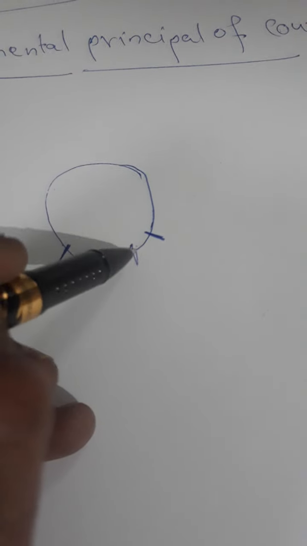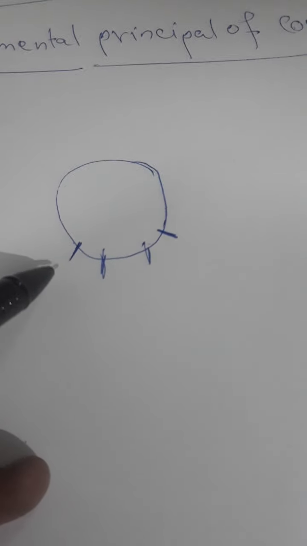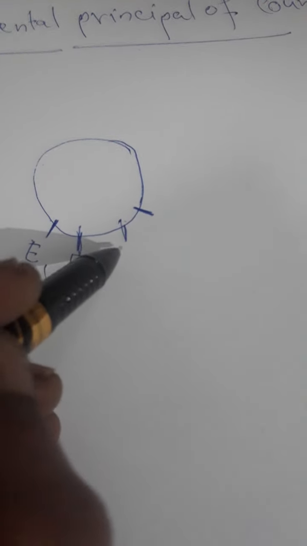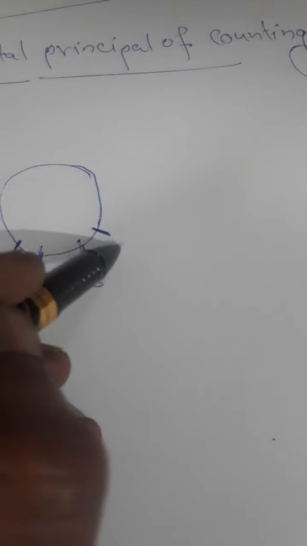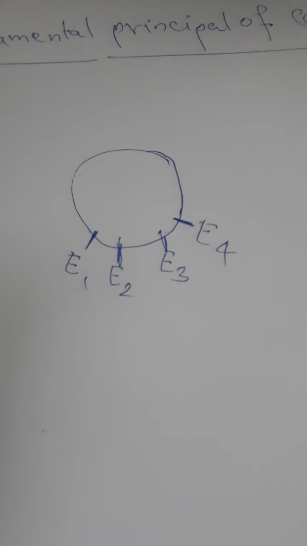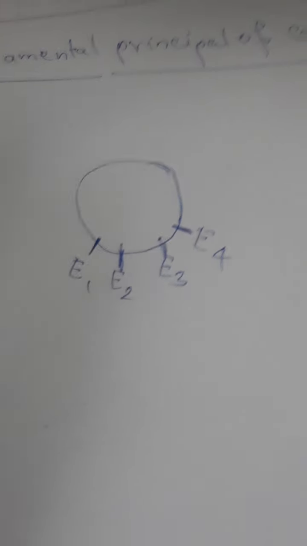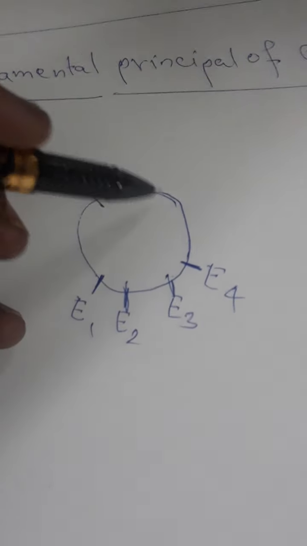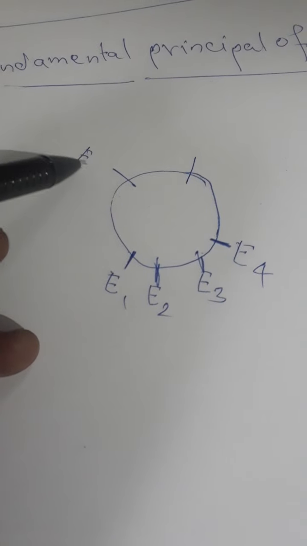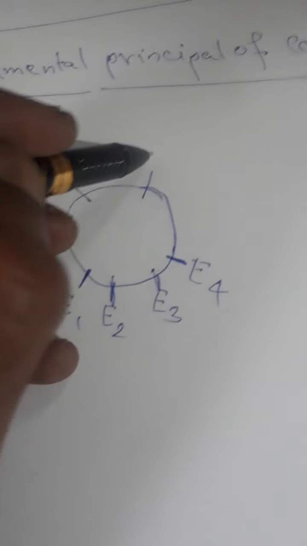These are the 4 entry doors, which I am going to denote by E1, E2, E3, E4. And there are 2 exit doors, which I will denote by EX1 and EX2.